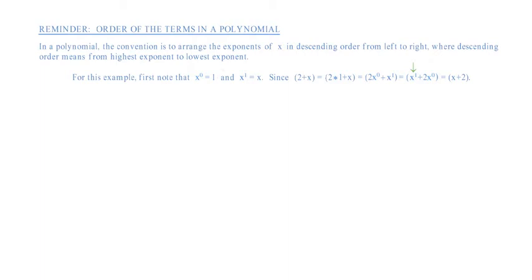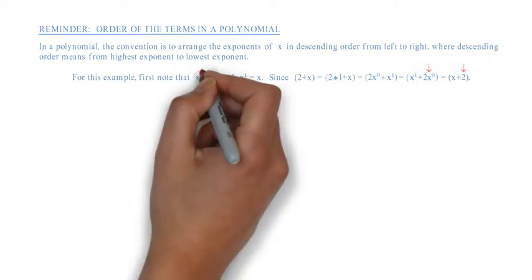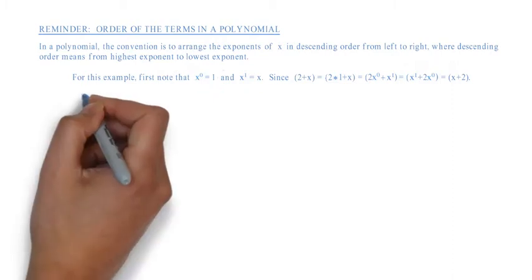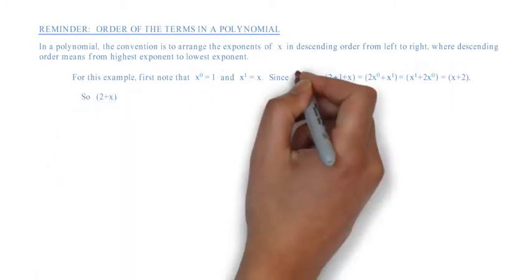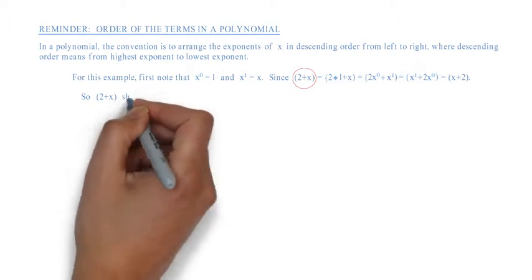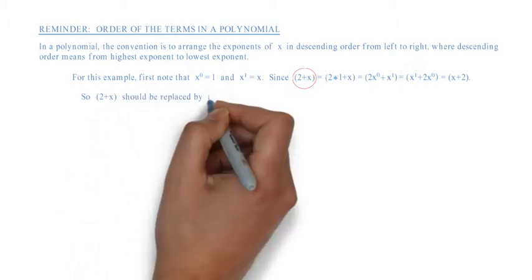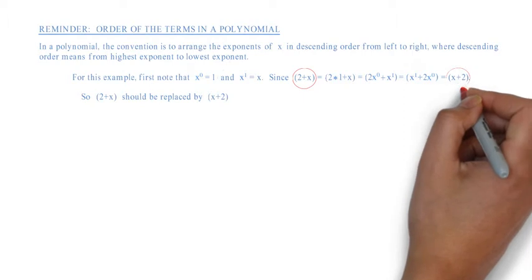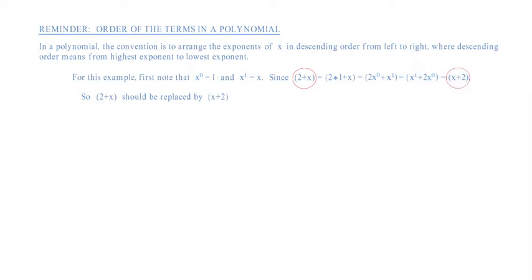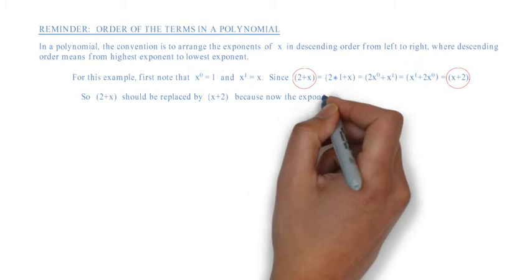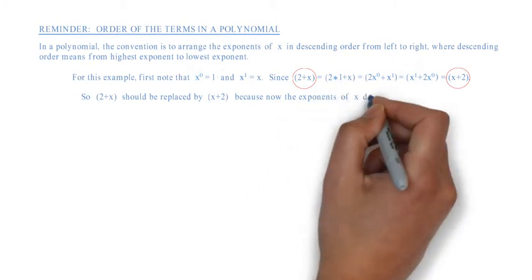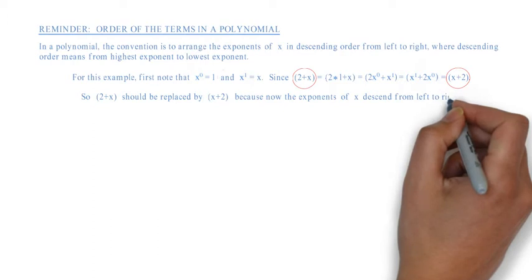So 2 plus x should be replaced by x plus 2 because now the exponents of x descend from left to right.